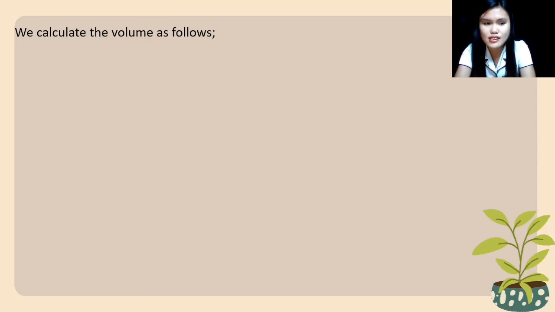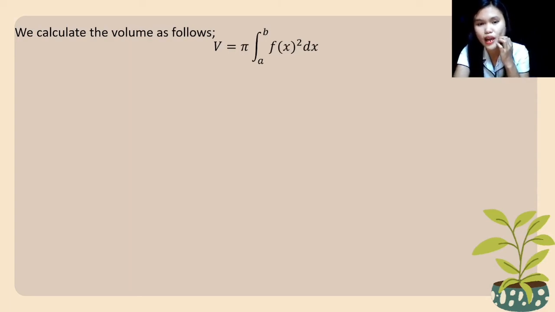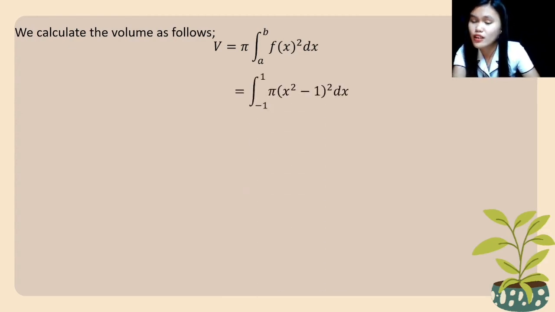So let's check. As we calculate the volume, we have here our formula, right? For the formula of our disk, volume equals pi integral from a to b of f of x squared dx. The limit of integration here is from -1 to 1. So we have pi integral from -1 to 1 of (x squared minus 1) squared dx.